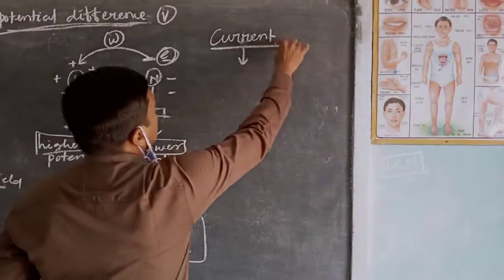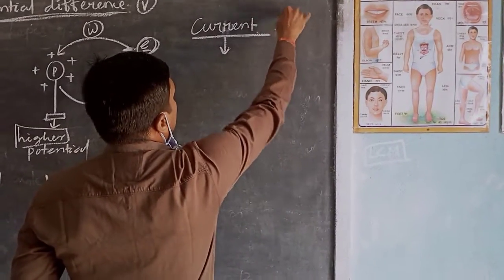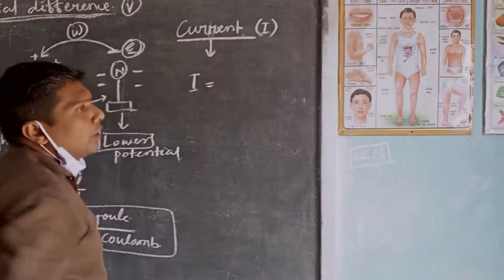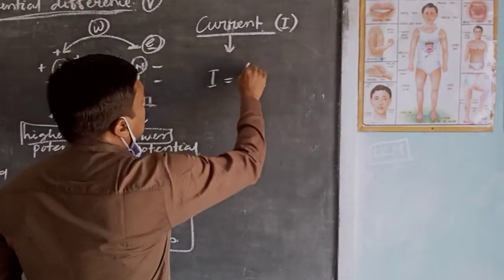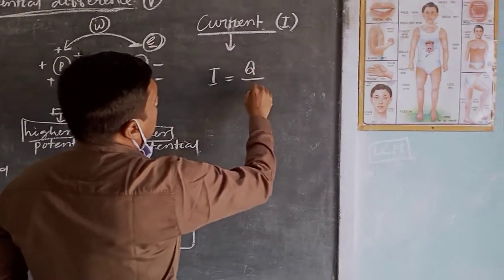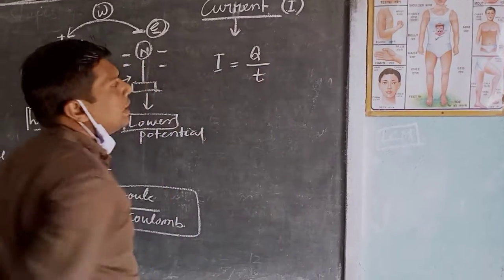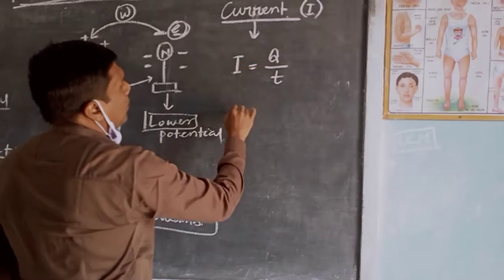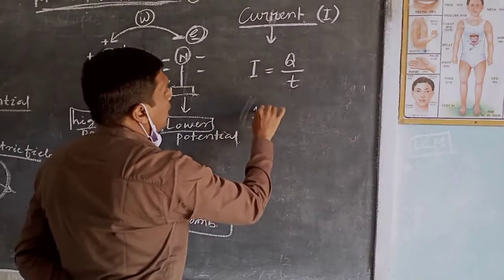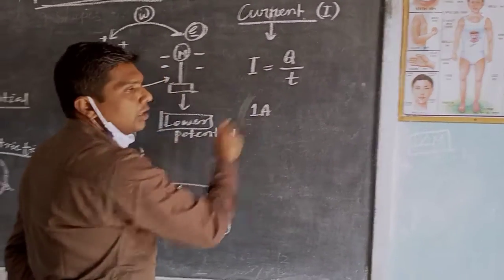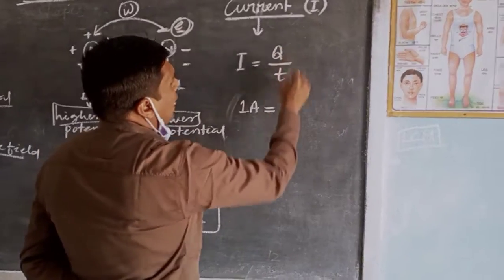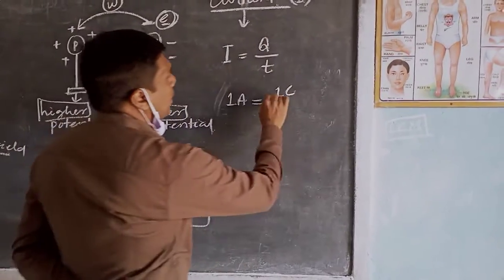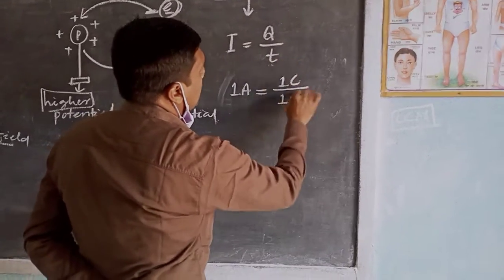That is known as current, and this current is denoted by I. So I is equal to charge divided by time, Q upon t, the rate of flow of charge. The unit of current is the ampere, denoted by A. 1 ampere is equal to 1 coulomb of charge divided by 1 second.